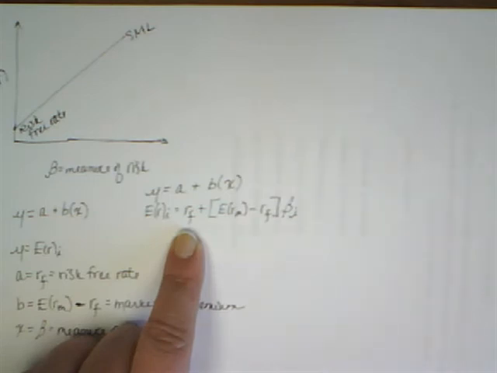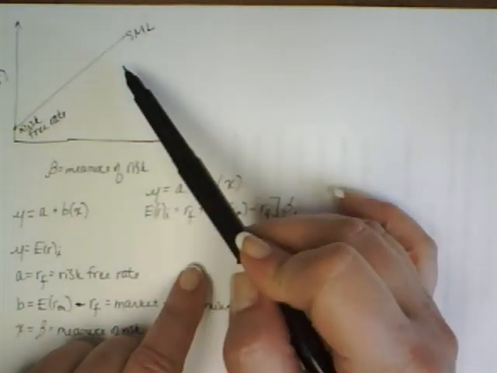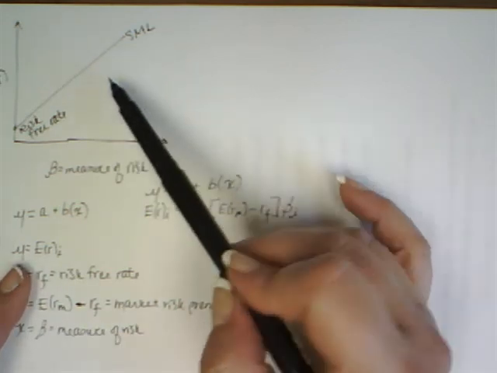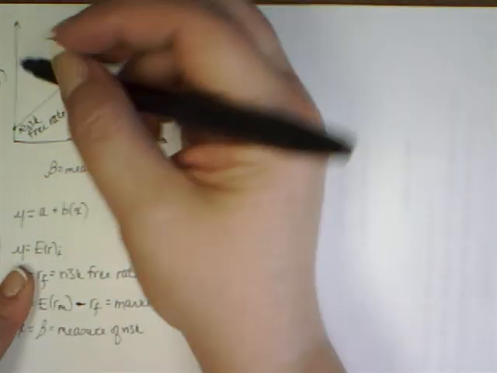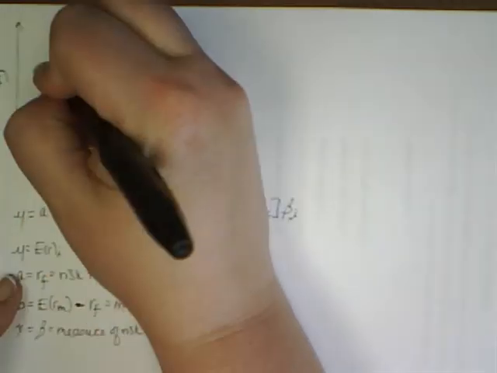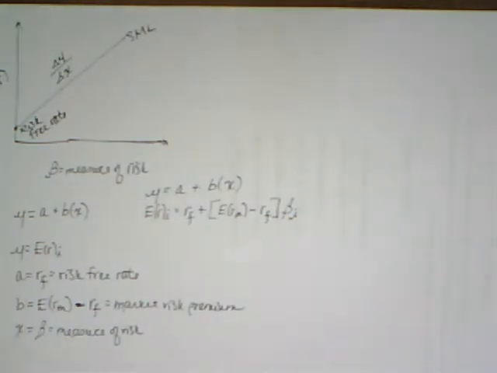Okay. All right, so we can build up the security market line from analyzing two risky investments. Now, the slope of this line, which you would have learned in your math classes, is the change in y divided by the change in x, and that is your slope.